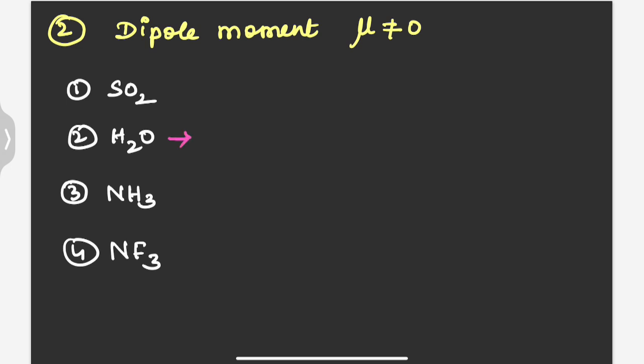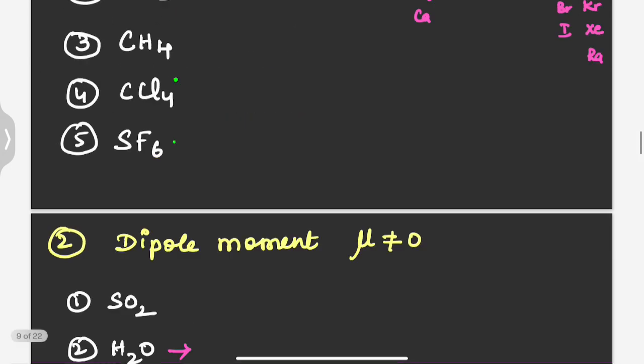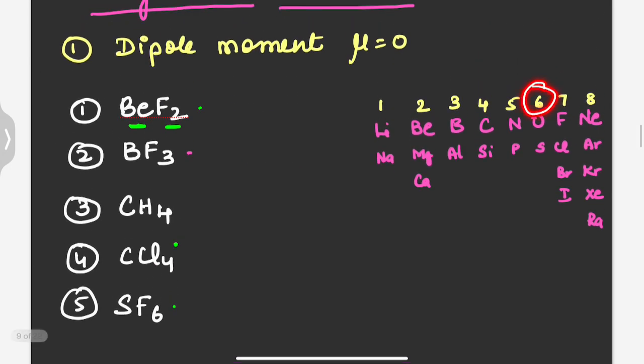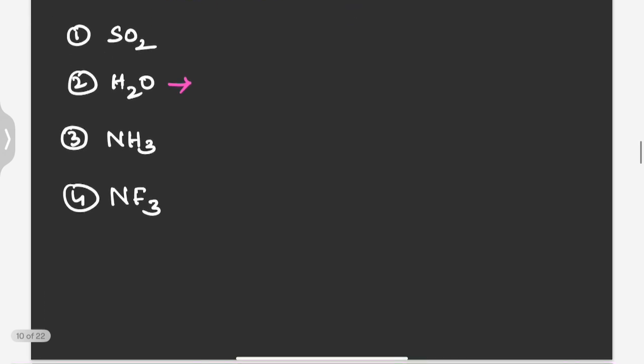The second example is H2O, water. Here the central atom is oxygen. How many lone pairs of electrons are present in oxygen? Oxygen has 6 valence electrons. Out of these 6, 1 is used by hydrogen for bonding and 1 is used by the other hydrogen for bonding.